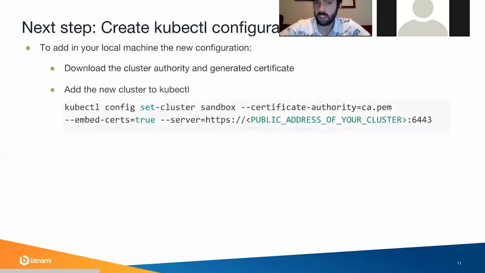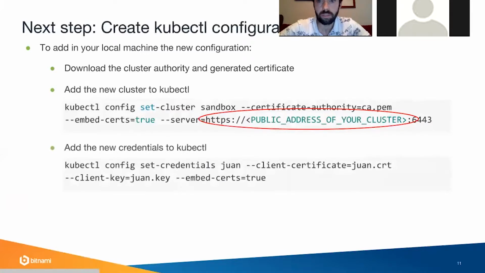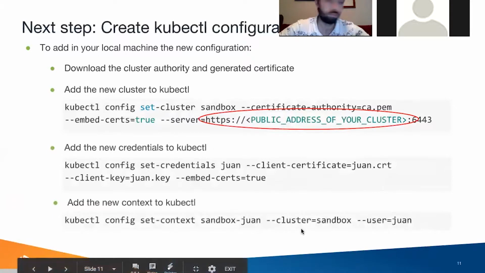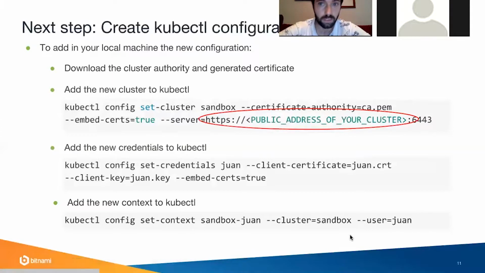With these kubectl commands, you first configure which cluster you want to connect to, which has this authority. Then you configure which credentials, which certificates that we created, we are going to use. So first the cluster, then the certificates, and finally we create a context, which is the union of the two. As you can see here, cluster, which one? Sandbox is the cluster. Which user? This one, which is just the set of certificates.